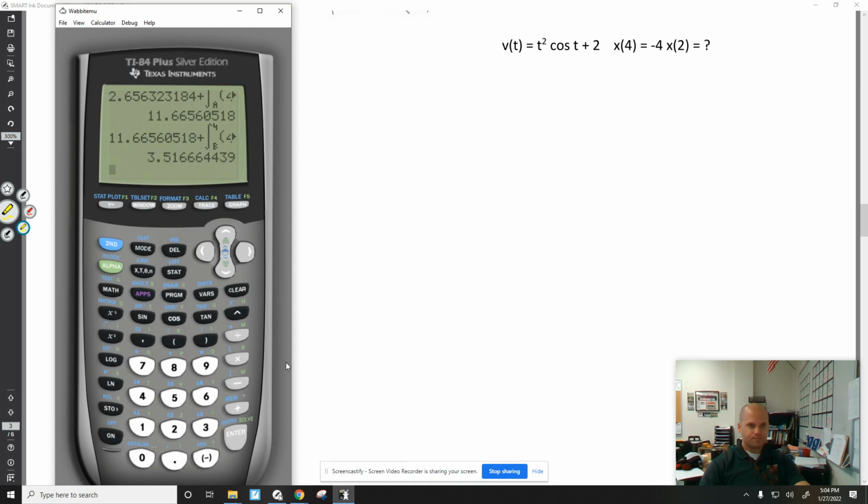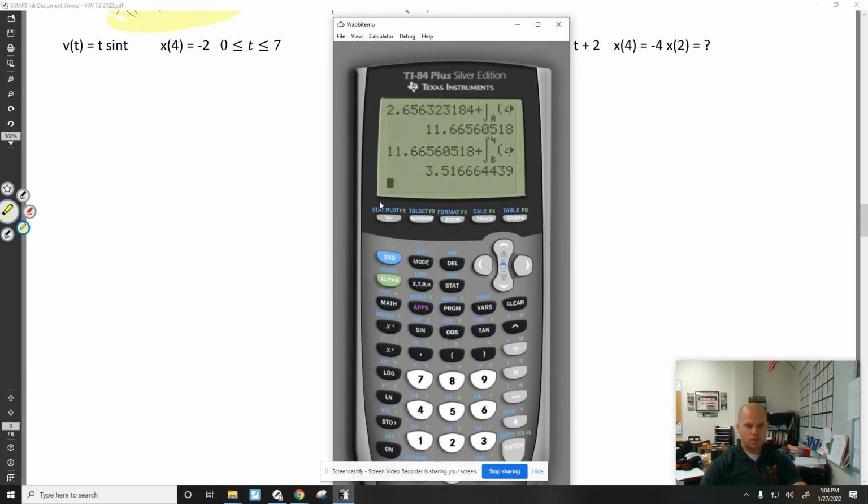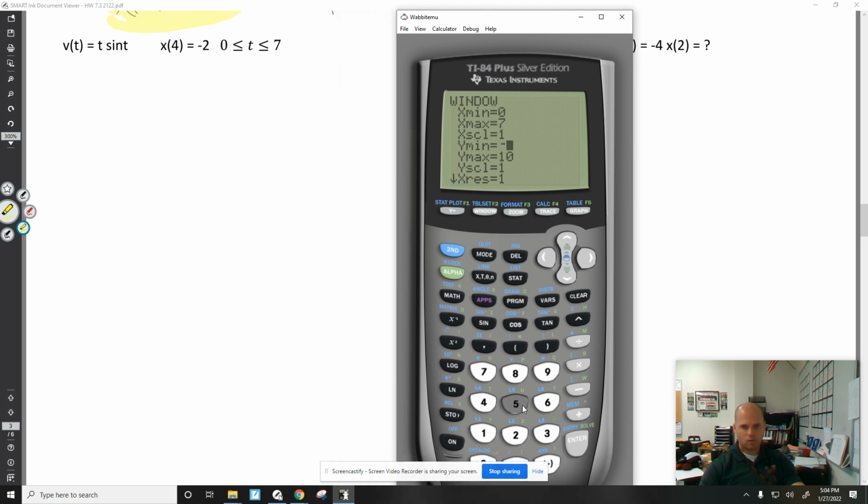0 to 7, t sine t. T sine t does not grow too quickly, so I think I'm going to adjust my window. 7 is big. Let's just see what happens.